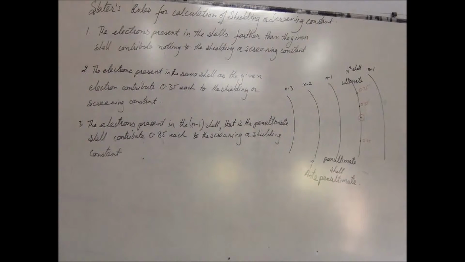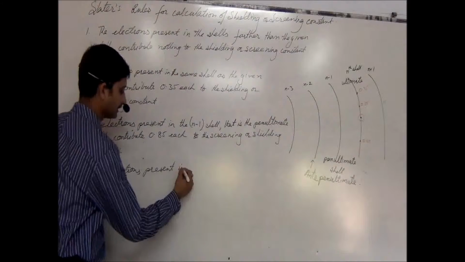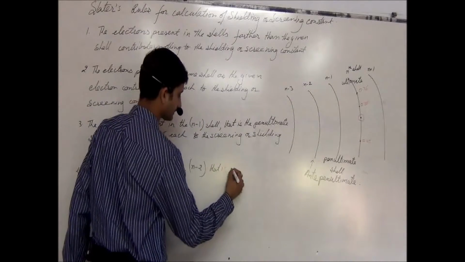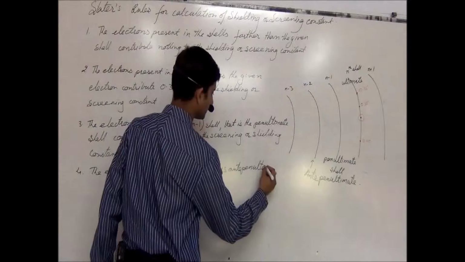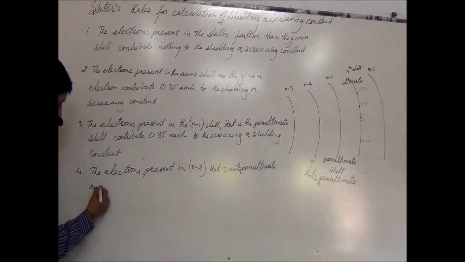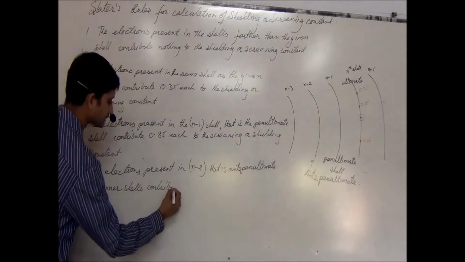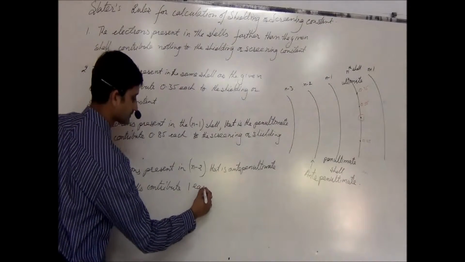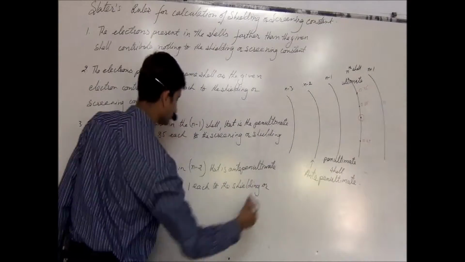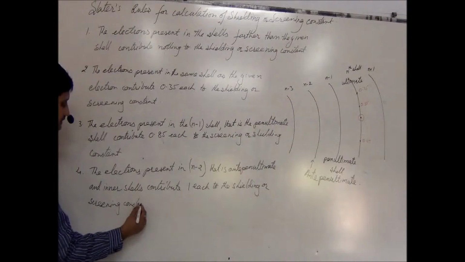Now let's talk about the fourth point. The electrons present in n-2, that is anti-penultimate, and inner shells contribute 1 each to the shielding or screening constant.